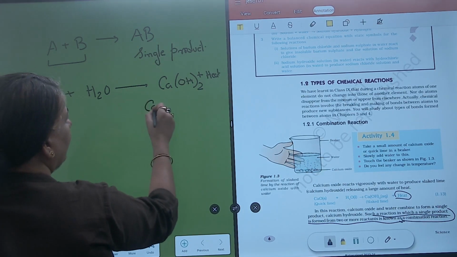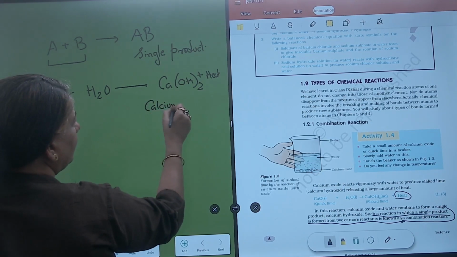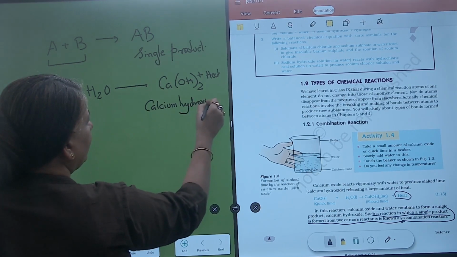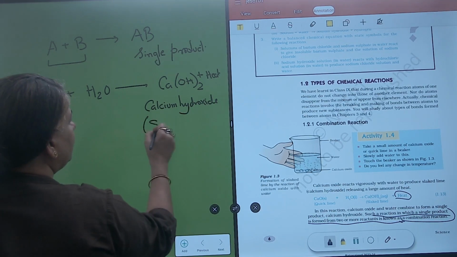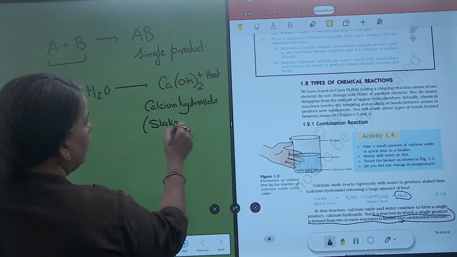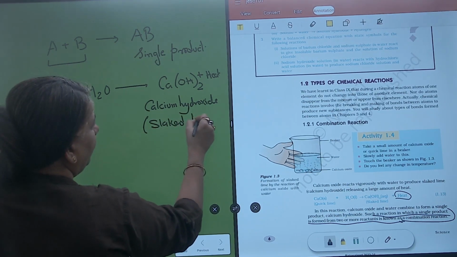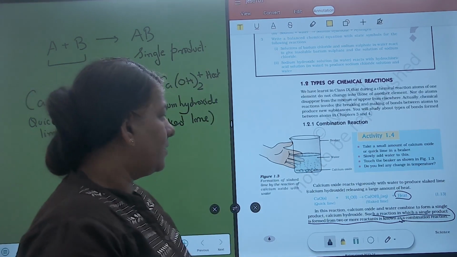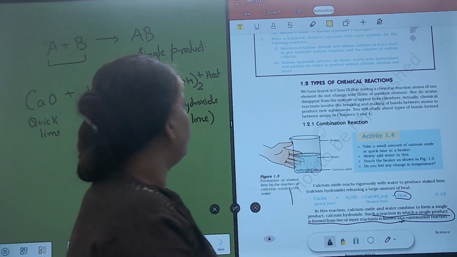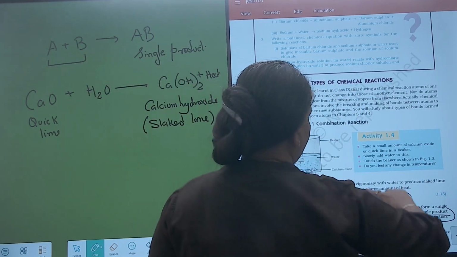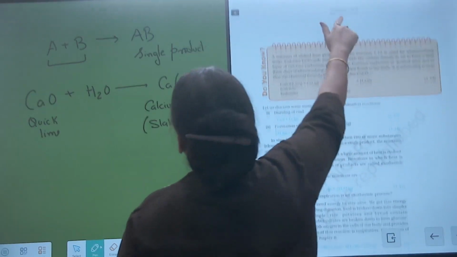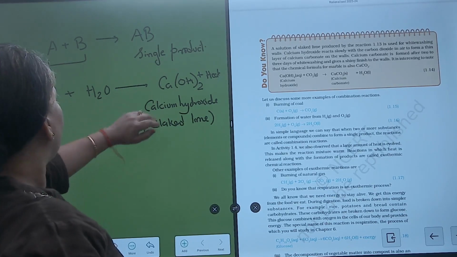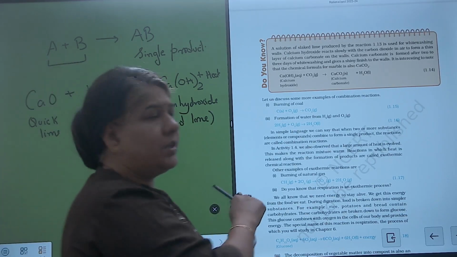This is calcium hydroxide, which is commonly called slaked lime. If you remember, this slaked lime is used to test carbon dioxide gas. Now we can see this equation is balanced, so we need not bother to balance the equation.